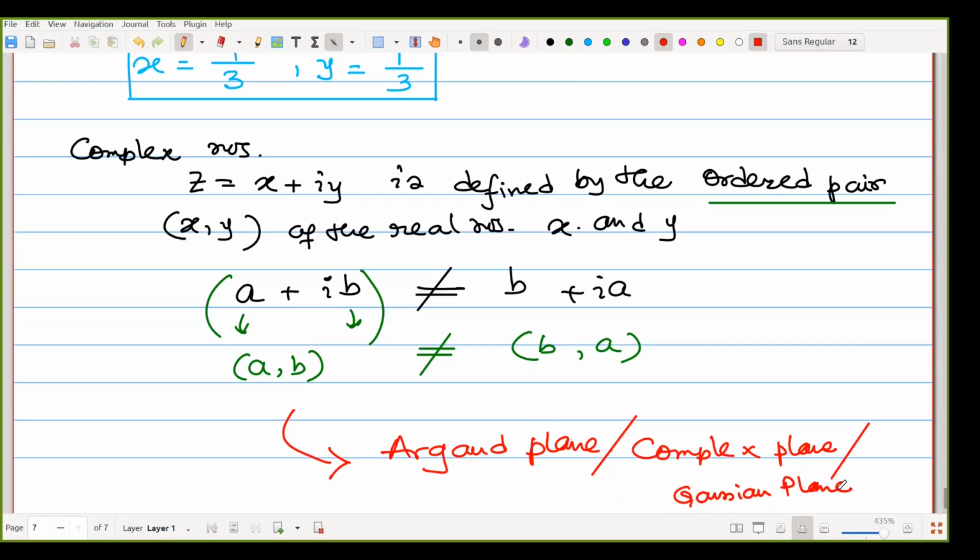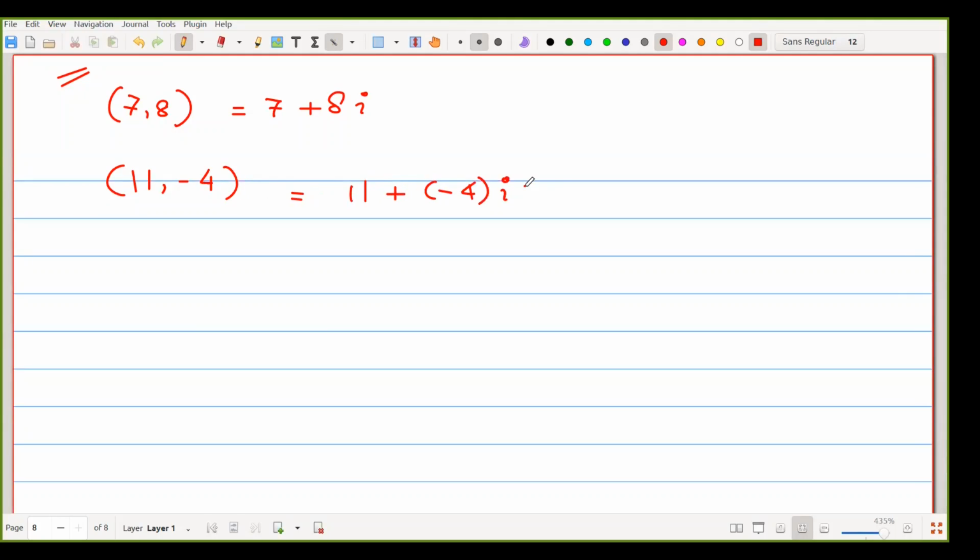Okay, so ordered pair is always very important in complex numbers. Suppose we have (7, 8), so it can be written as 7 plus 8i. It is represented in the complex number system. Suppose (11, minus 4), that means it can be written as 11 plus minus 4 into i, or 11 minus 4i. So all are different. Suppose 98 plus i root 3.